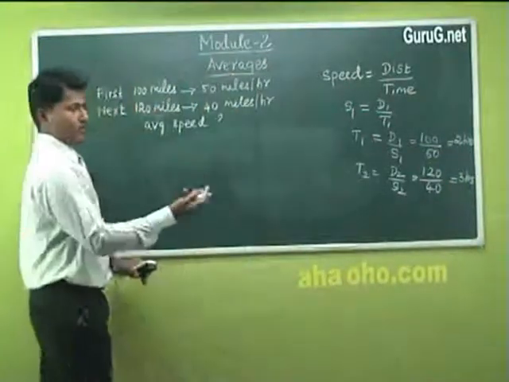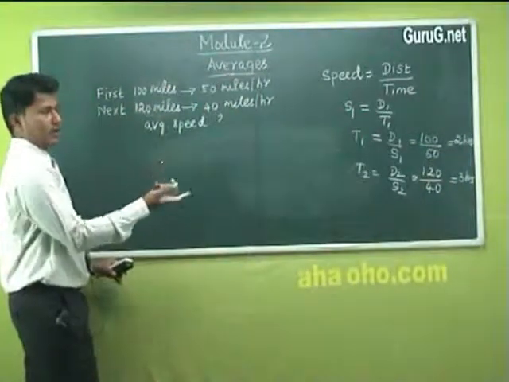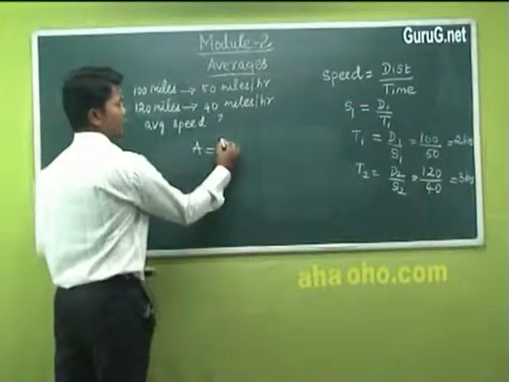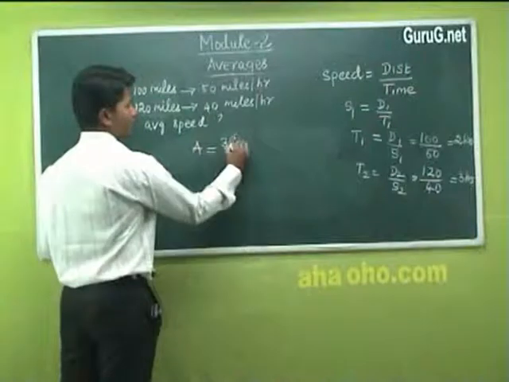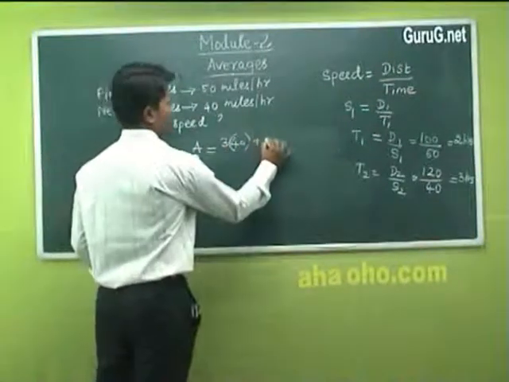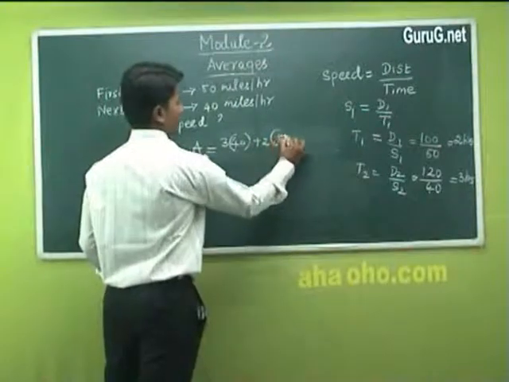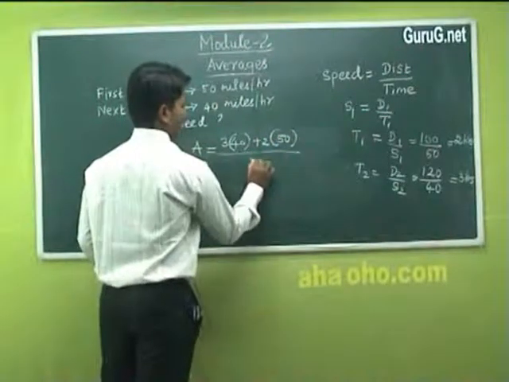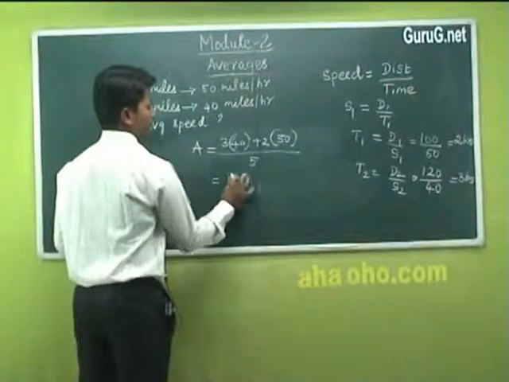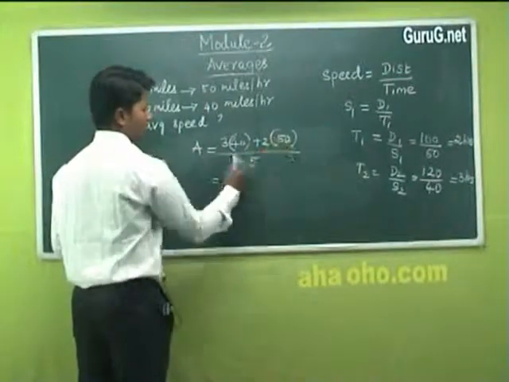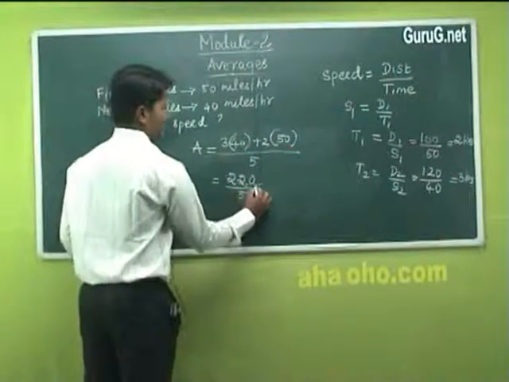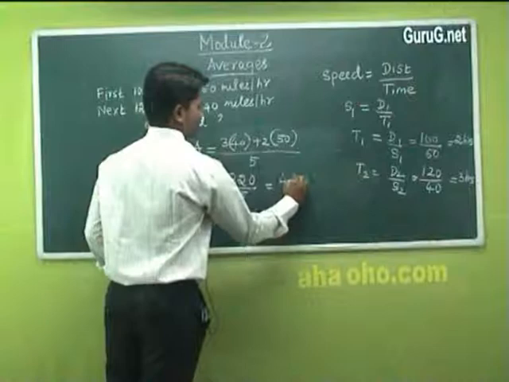Now given the values 3 and 2, you can go for the same. Average speed is equal to 3 into 40 plus 2 into 50 by 5. 120 plus 100, 220 divided by 5 is 44.